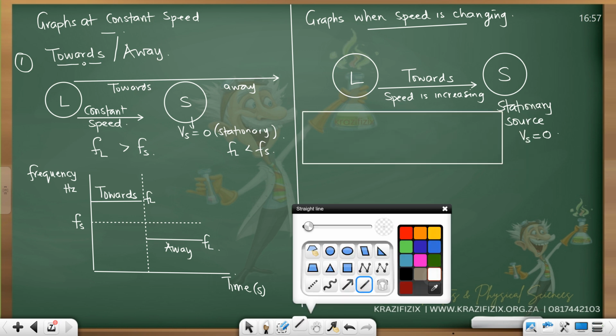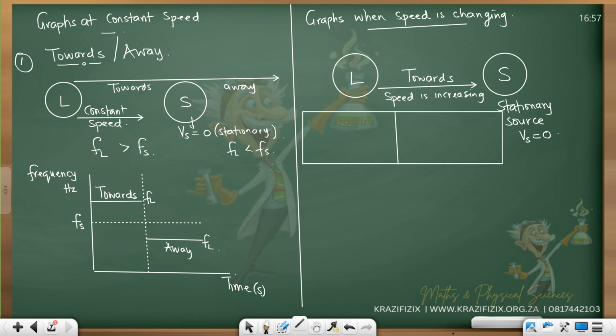I'm going to do my calculation here. We said our formula, FL equals to V plus VL over V minus Vs, times Fs. Because it's towards, it's going to be plus.